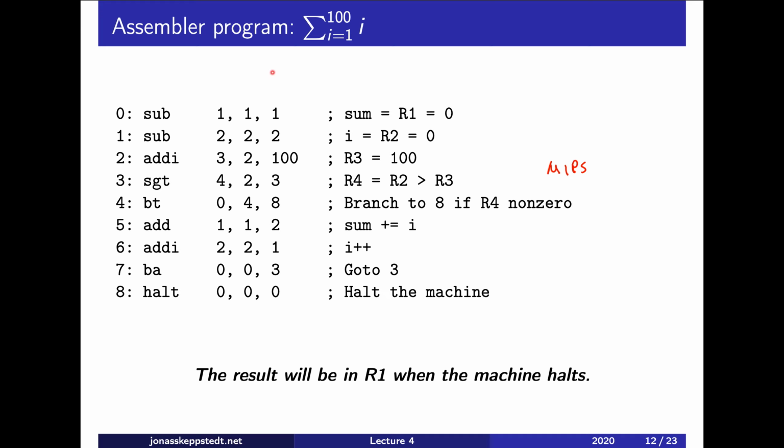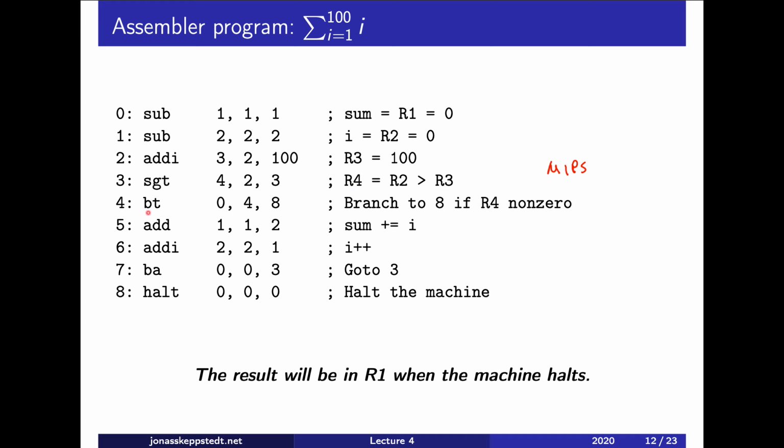Well, it doesn't matter now, but it's also a product. Okay, and they use a normal register to save the Boolean value of a comparison. So SGT means set greater than. Okay, and R4 will be either 0 or 1, depending on whether this was true or false.